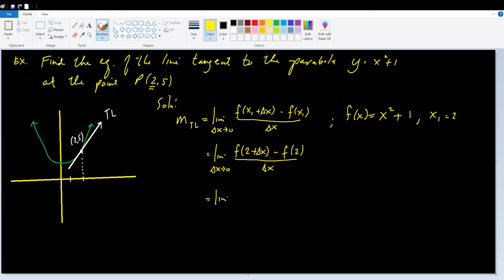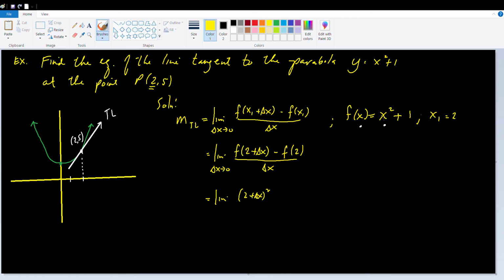Limit of. What is f of 2 plus delta x? So we'll simply replace all the x's in f of x by 2 plus delta x. It will now become 2 plus delta x squared.